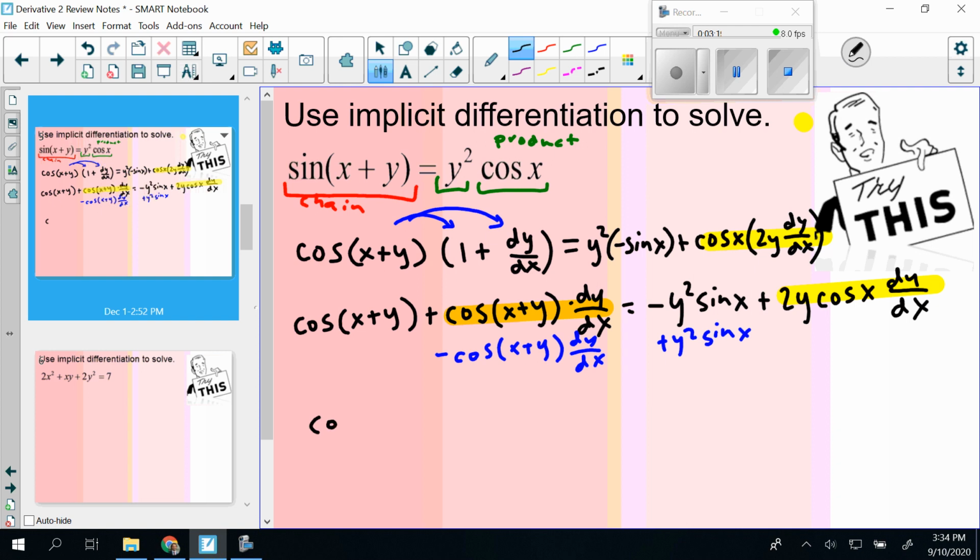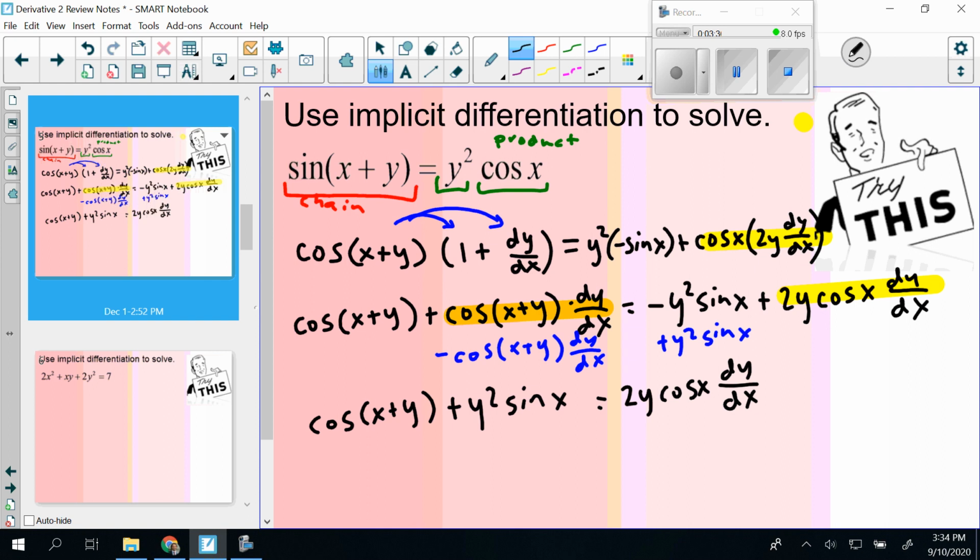On the left side, we're going to have that cosine term plus the one we're adding over. On the right side, we're going to have that 2y cosine x dy dx. And we're also going to have that one we subtracted, cosine x plus y dy dx.